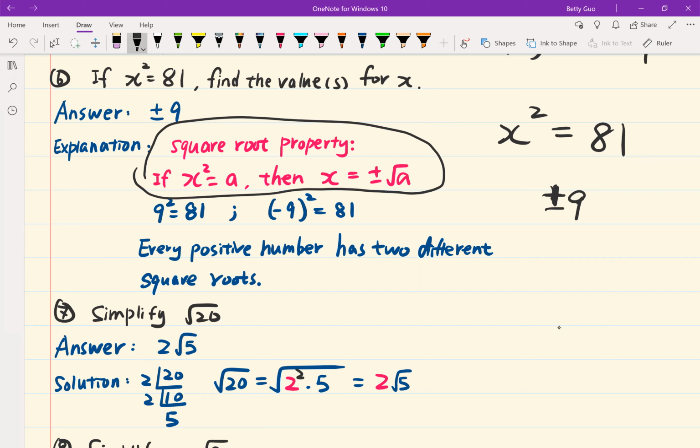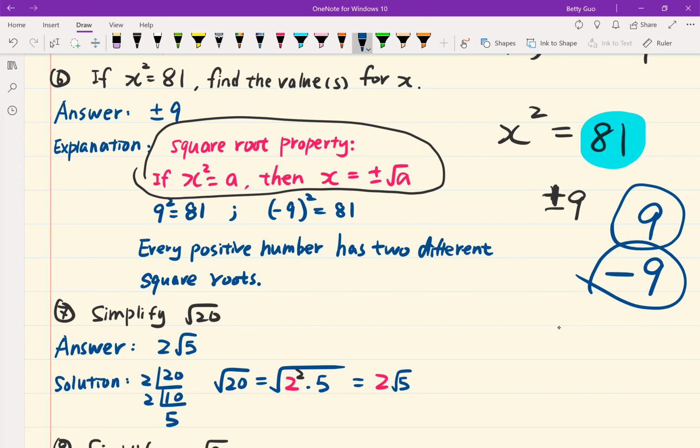For 81, one is principal, the other is negative. So there are two numbers whose square is 81. The answer you should choose is plus or minus 9. Both of them have a square equal to 81.